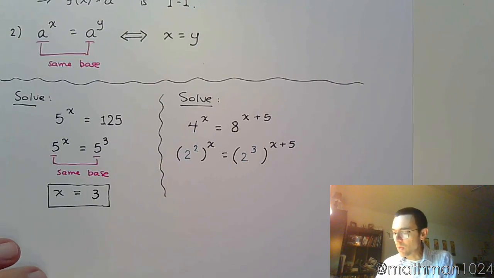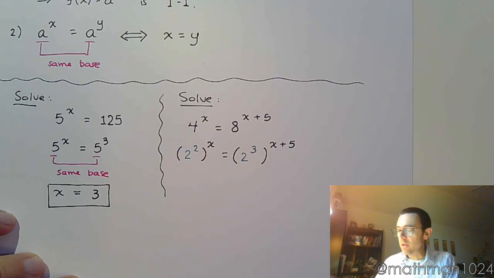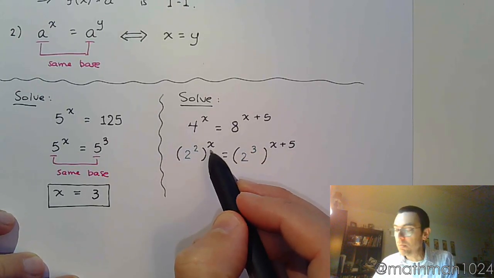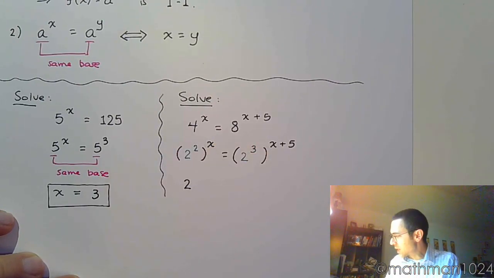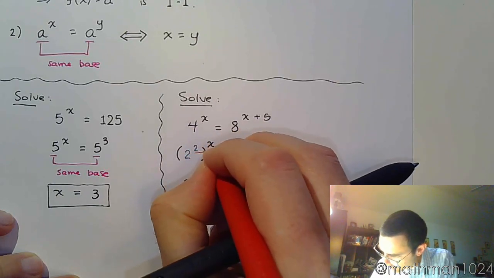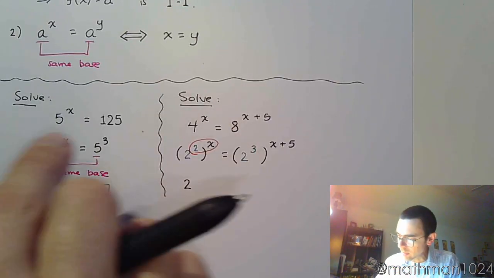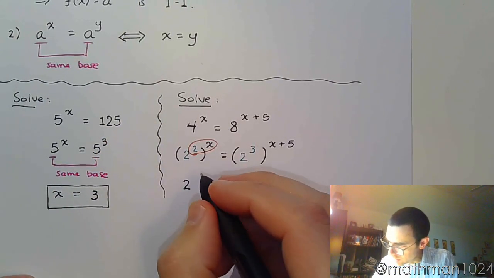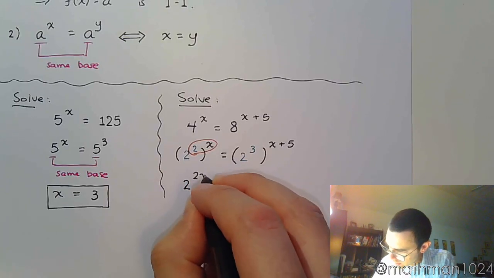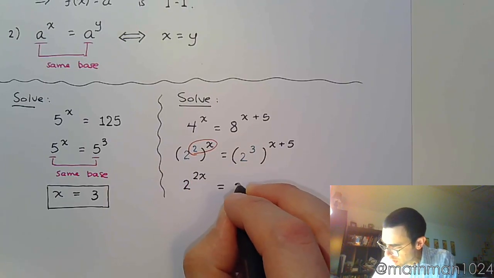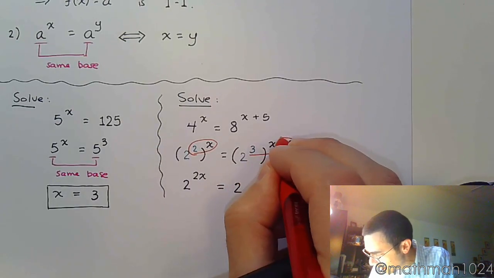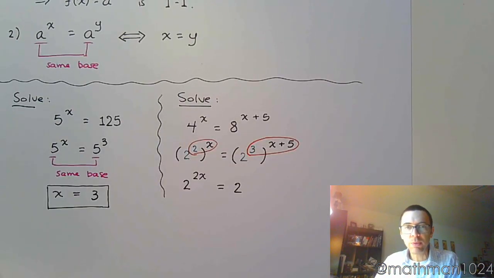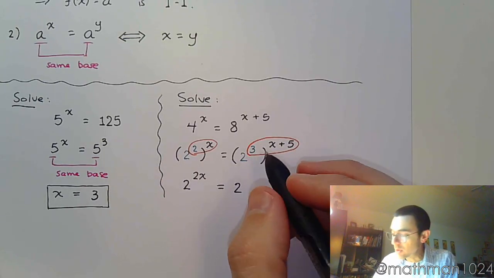Now, we do need to remember how to work with exponents, and we need to remember that when you have a power raised to a power, we multiply. So that's going to be 2 to the 2x when you multiply these guys right here, equals 2, and over here, power to a power yet again. So you're going to be multiplying those guys. So you have to distribute.